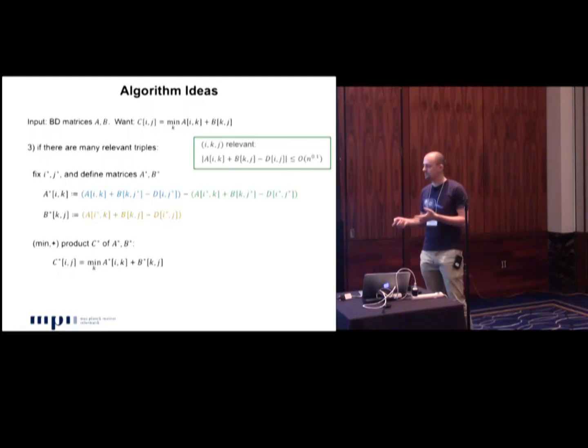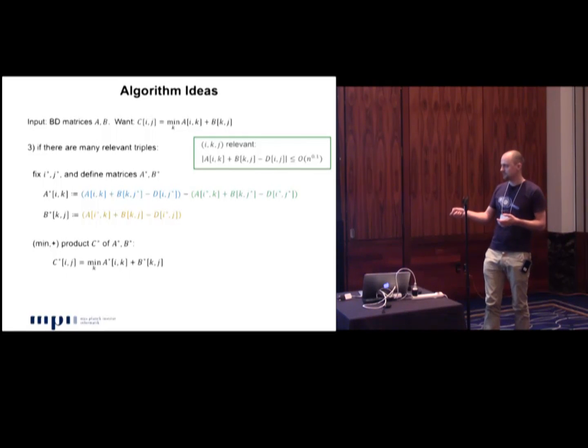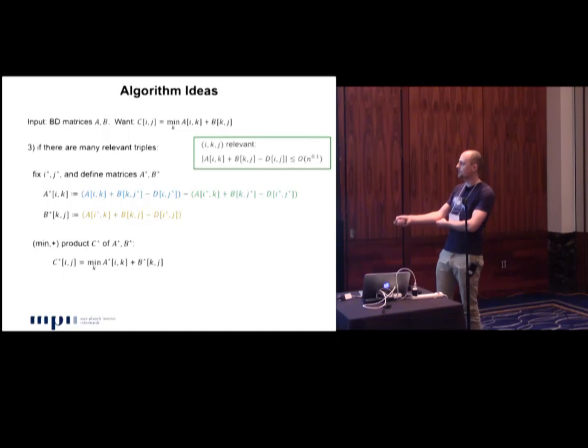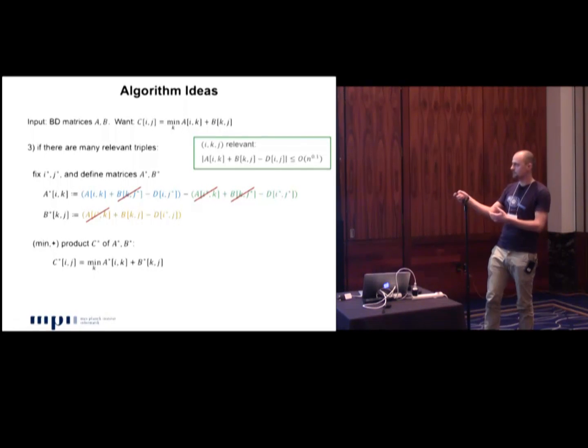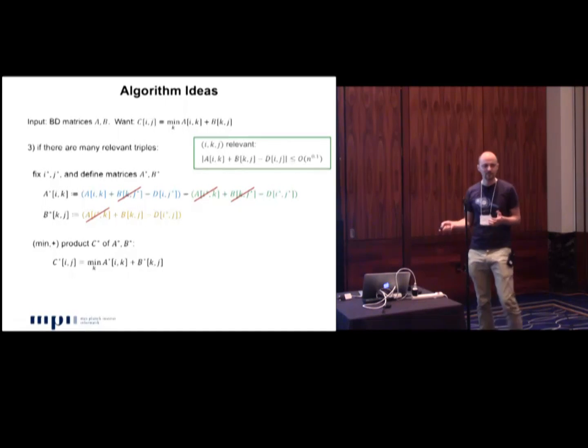So let's consider the min plus product of these two new matrices. That's just the minimum over all k of A star ik plus B star kj. So we just have to sum these two things up. Then many of these things just cancel out. So B star kj minus B star kj disappears. A star ik minus A star ik disappears.